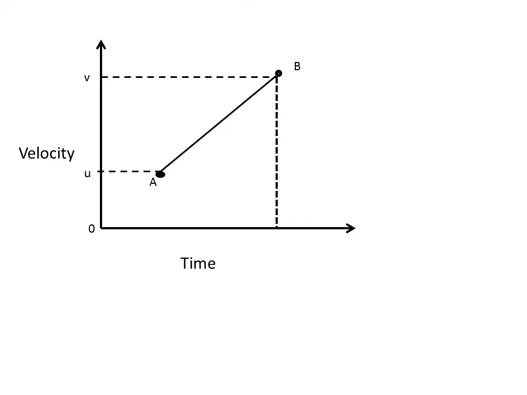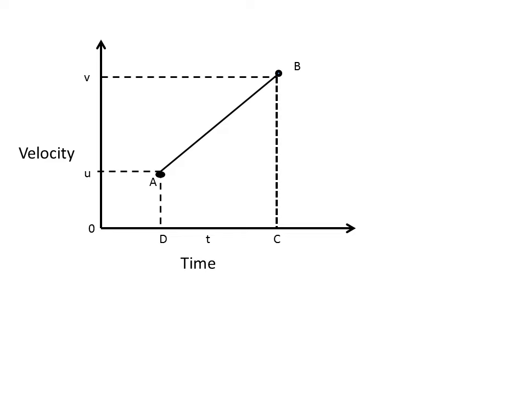Let us label the point where the perpendicular from point B meets the x-axis as C. Let us label the point at which the perpendicular from A meets the x-axis as D. So, the time in which this change in velocity has taken place is t.